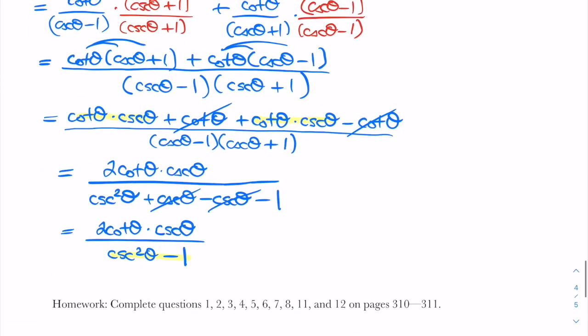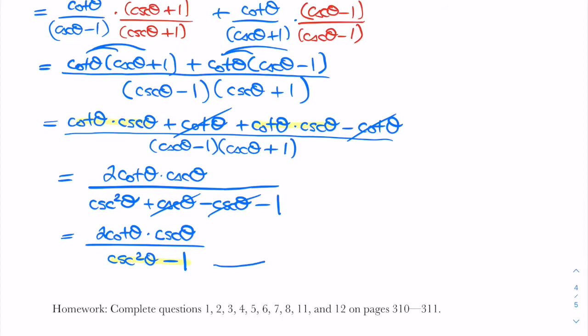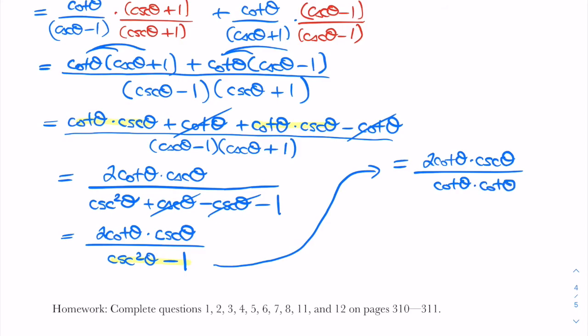All right, so I'm going to continue up here. I should have enough room. So that's 2 cotangent theta multiplied by cosecant theta all over cotangent squared theta, which I'm going to write as cotangent theta multiplied by cotangent theta.